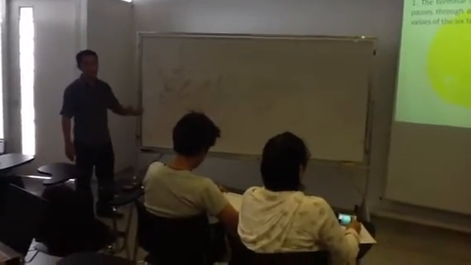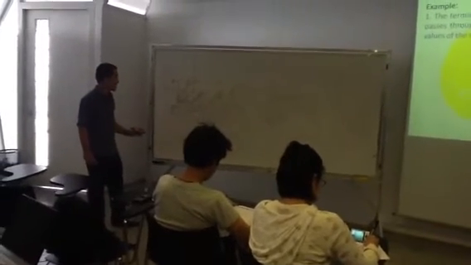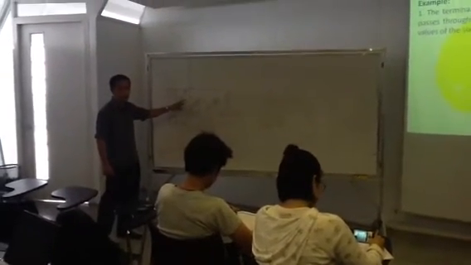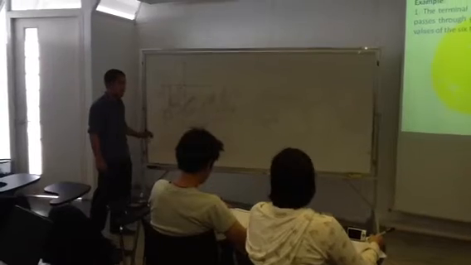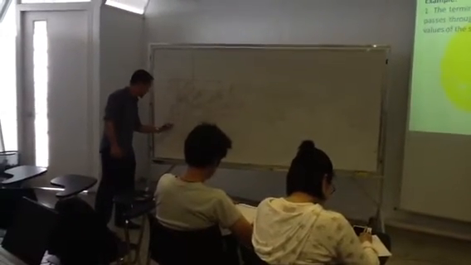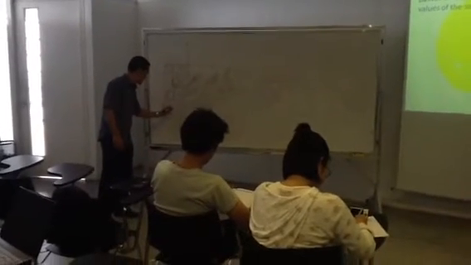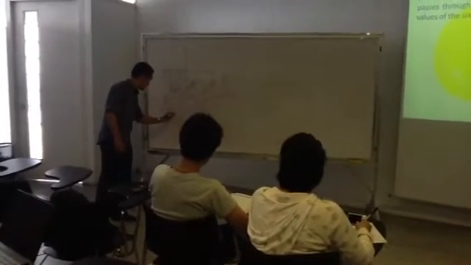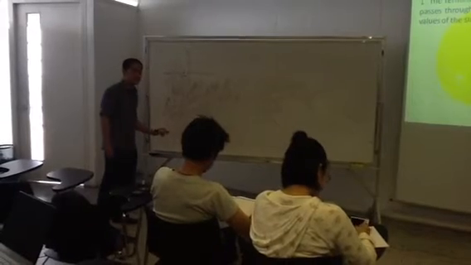Before identifying the 6 trigonometric functions, we need to identify the value of r. We can use the formula, the square root of x squared plus y squared.